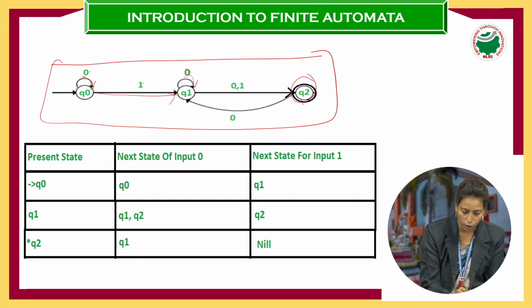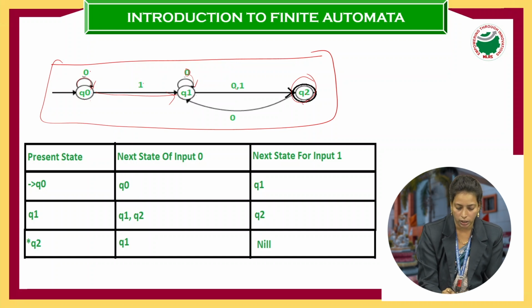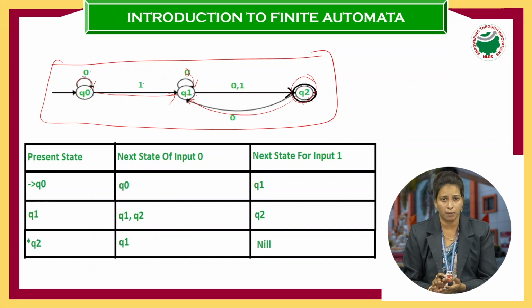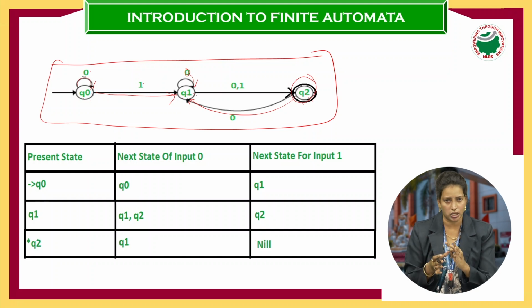That means Q1 of 0 moves to Q1 and Q2. Next, Q1 of 1 moves to Q2. Next, Q2 of 0 moves to Q1. This is the transition diagram. It contains states, initial state, transition function, final state and mapping functions.